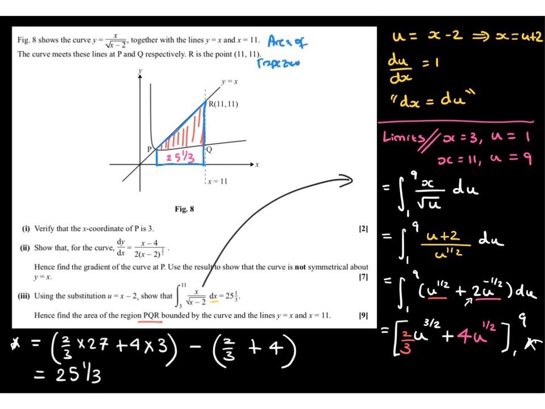So the area of the blue trapezium is equal to a half multiplied by the sum of the parallel sides. Now, the two parallel sides are this one, which has a y-coordinate of 3, and this one, which has a y-coordinate of 11.